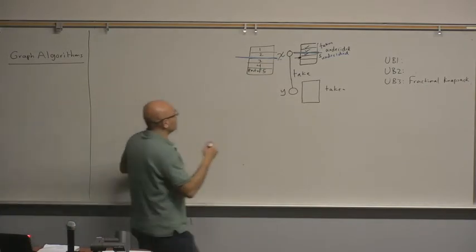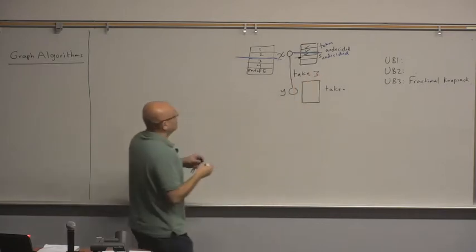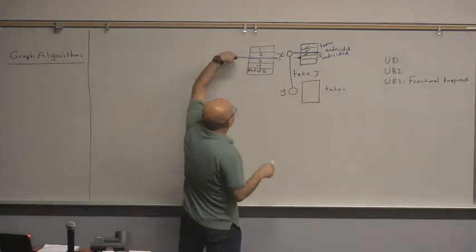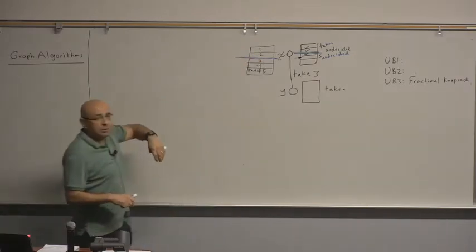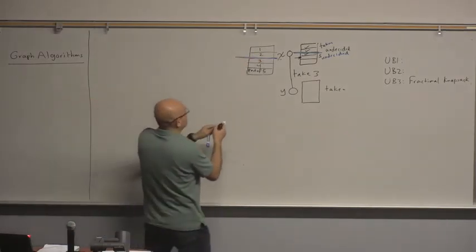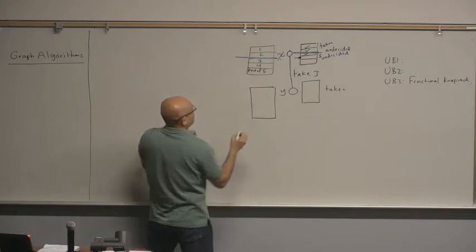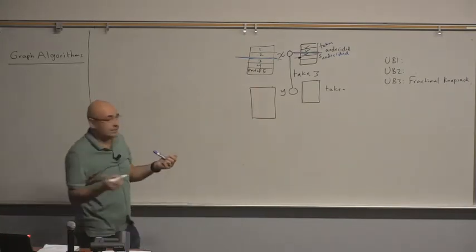So when you decide to take item 3, for example, you will get the same solution, but the blue line will move down. Item 3, instead of being counted as an undecided item, is now decided and taken.